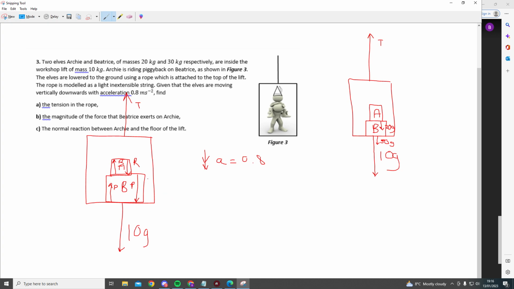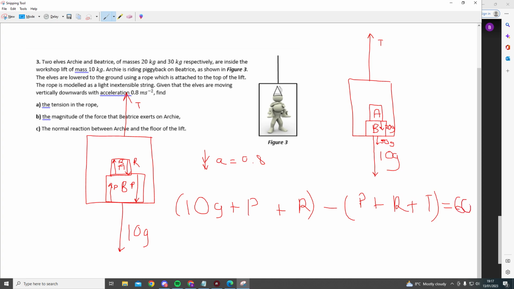And that means there's a resultant force downwards. So if we consider all forces going downwards, that's going to be 10g plus P plus R, minus all forces going upwards, P plus R and then plus T, equals the mass of everything, since we've considered everything.